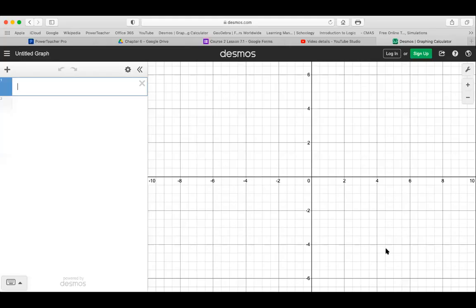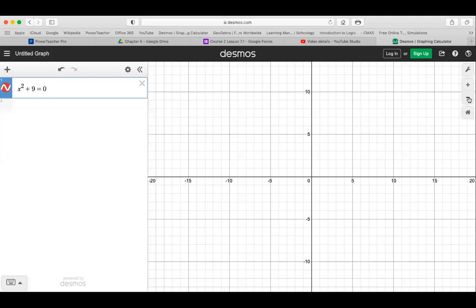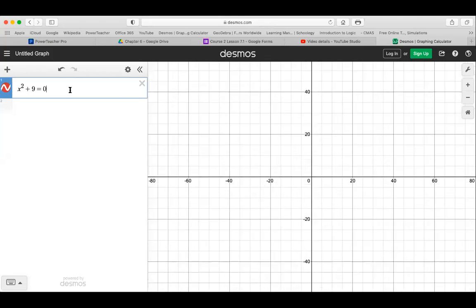We want to go to decimals. Share. So if you type in x squared plus 9 equals 0, and then we zoom out, where is my, oh, I'm sorry, equals y.